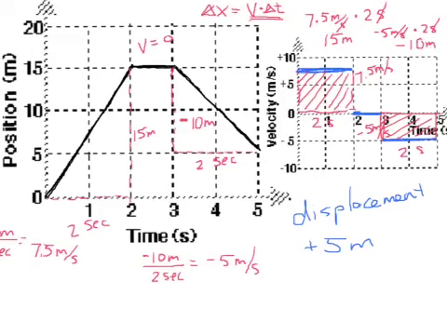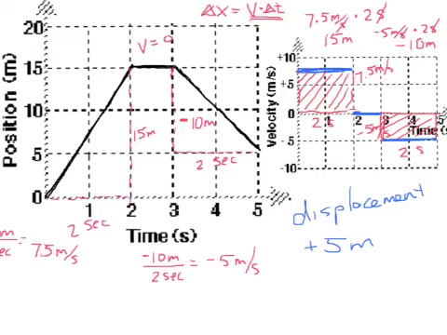So now we have a 15 meter displacement during the first segment. We have a -10 meter displacement in the last segment. Of course, we have 0 in the middle segment. And so how do we know what our total displacement is? Well, we simply add all of our displacements that we see in the graph.